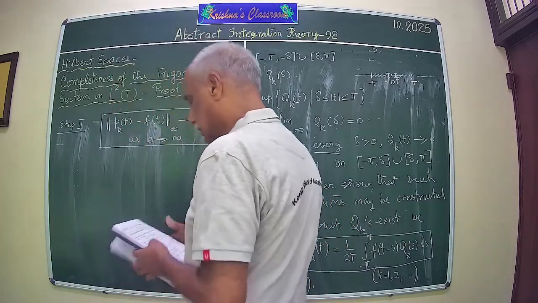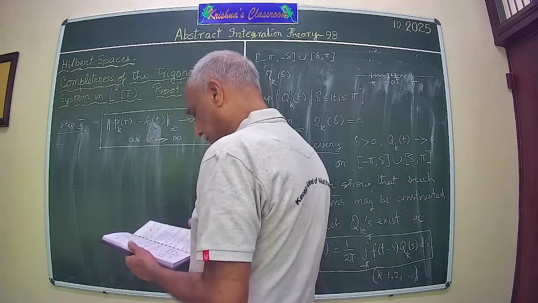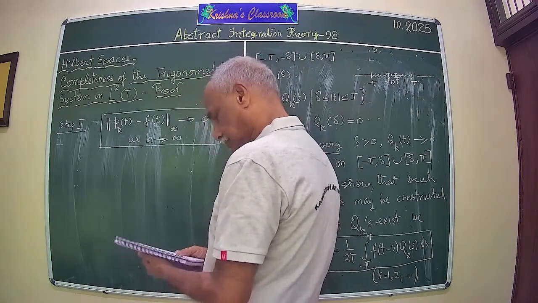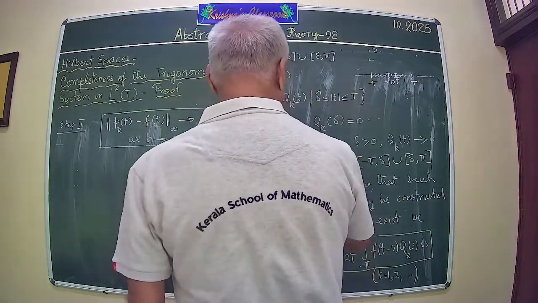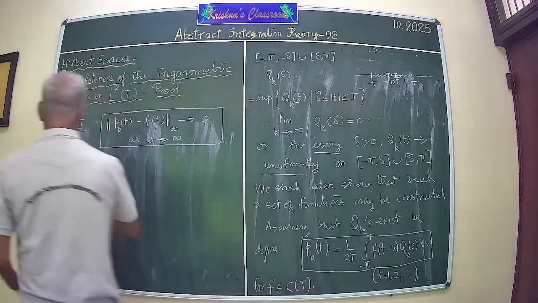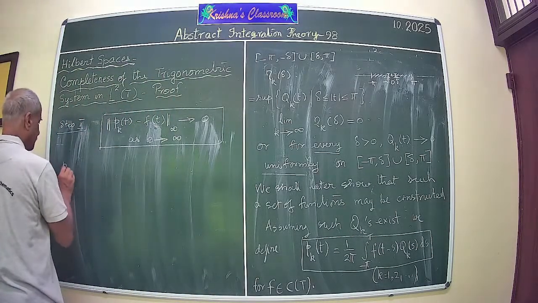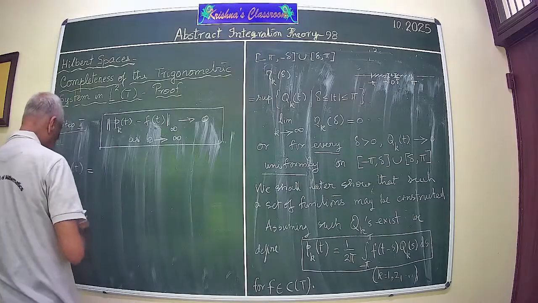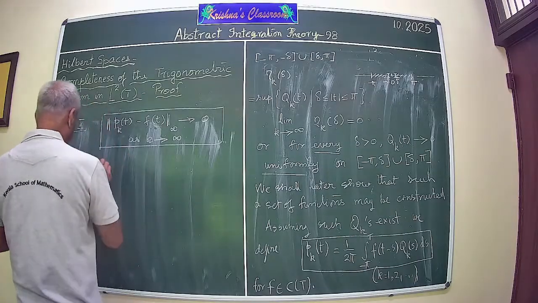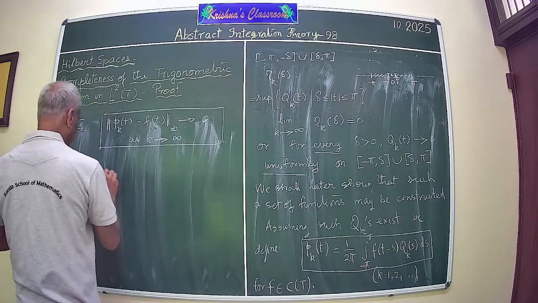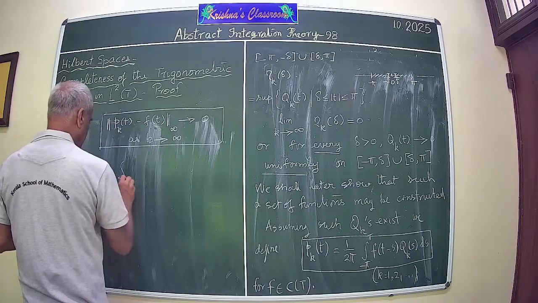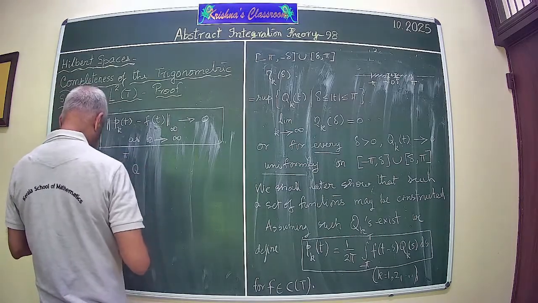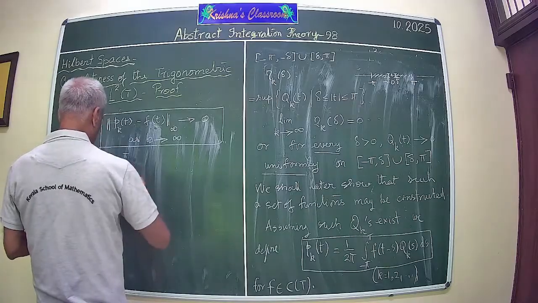So let us give the proof. Now first is technical. So let us recall what it is. Pk(t) is equal to 1 upon 2 pi times the integral of f.